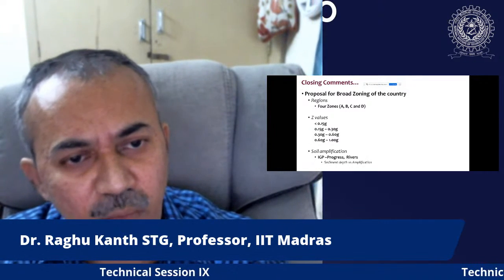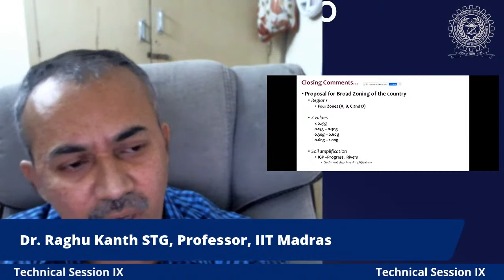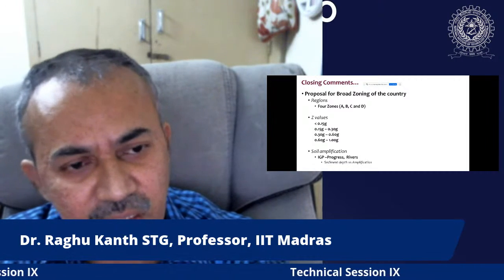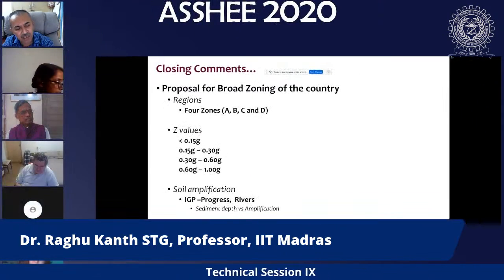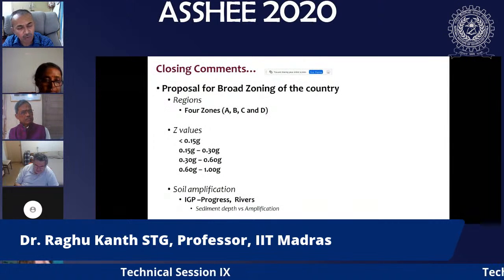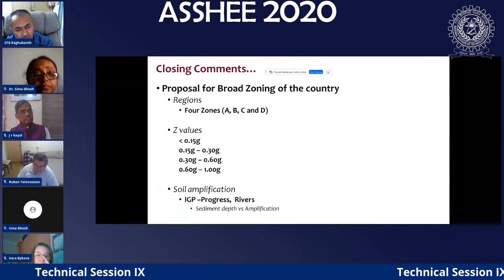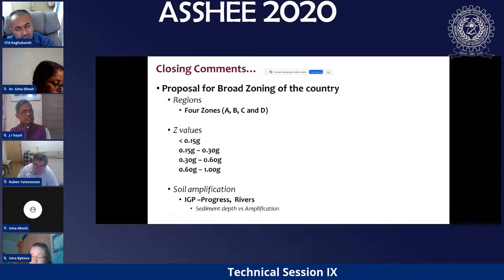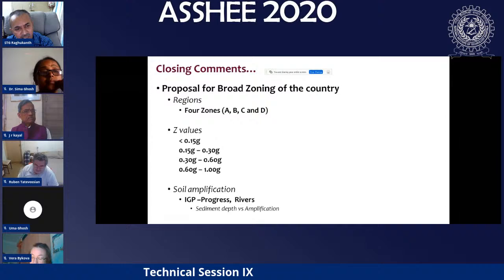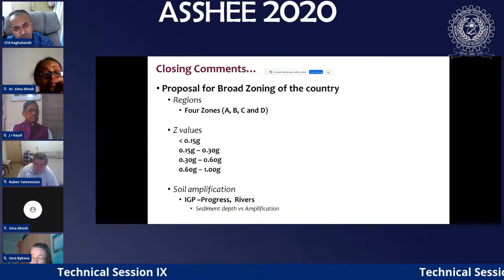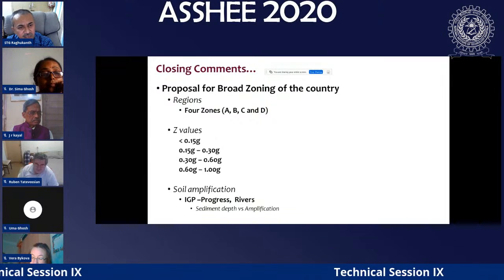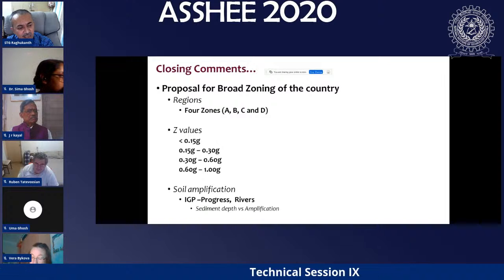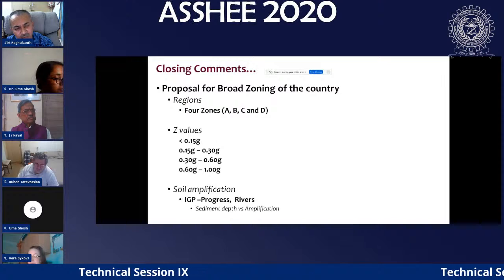Then whatever zone map I showed you is valid for B type site, that is 760 meter per second, the BC boundary essentially. But how to compute the soil amplification? Right now in the code we give type 1, type 2, type 3 soil, and some groups prefer VS30. Based on the VS30 you can classify and use it, but VS30 doesn't work in our country, essentially in the Ganga basin and the river mouths, where the depth of sediments is very high.